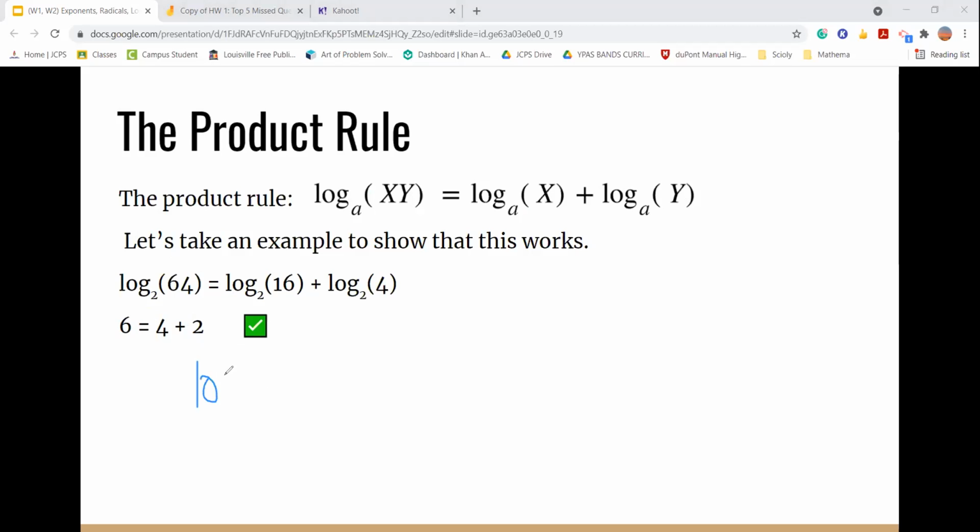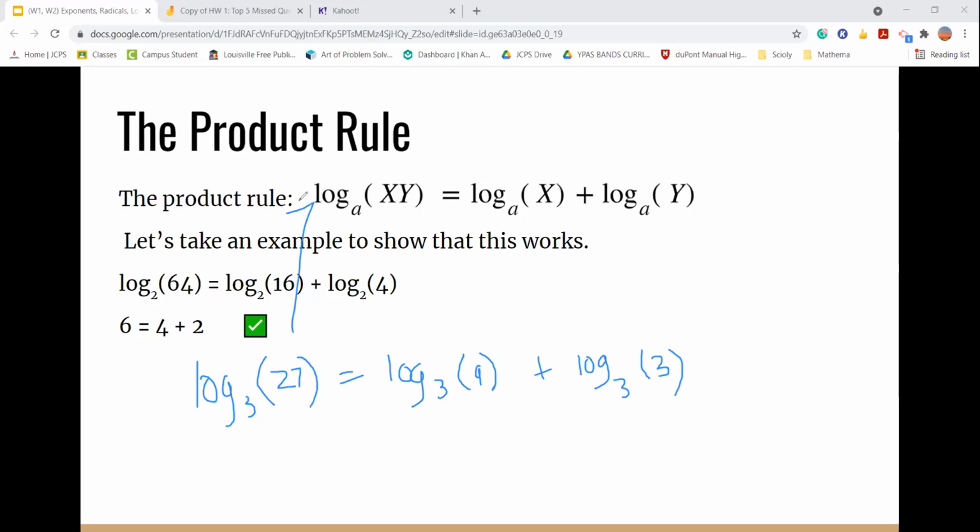So log base 3 of, let's do 27. Okay, so I just wrote this equation out, and I'm just going to see how it fits into my product rule up here.